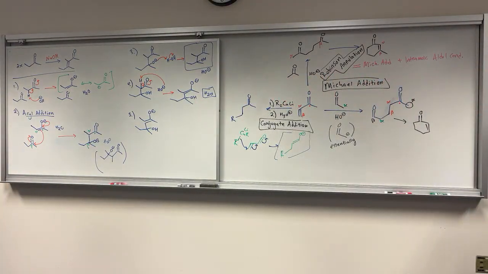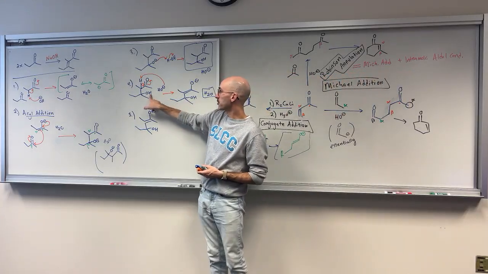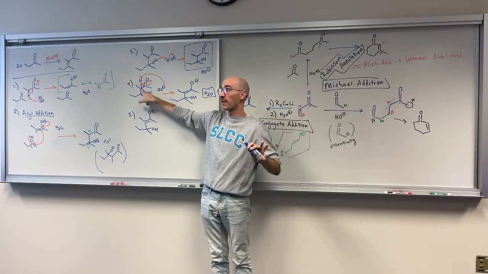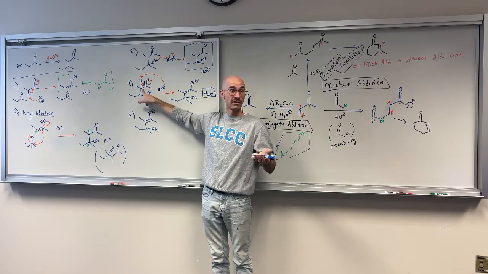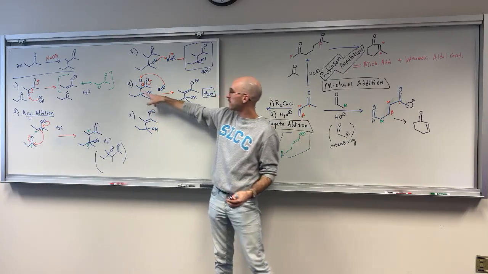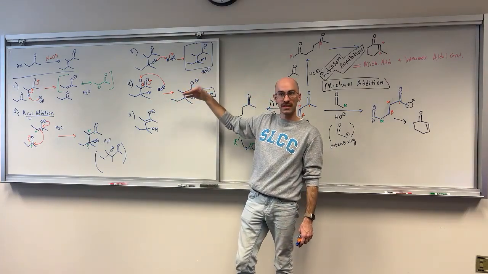So it doesn't actually show us anything new. But this OH has a pKa around 15 to 18, and this alpha hydrogen has a pKa around 17. So they're relatively in the same range of acidity because that alpha hydrogen is stabilized by the carbonyl. It's stabilized through resonance.